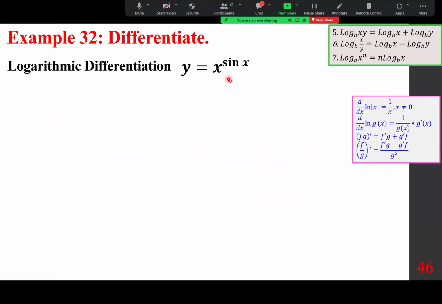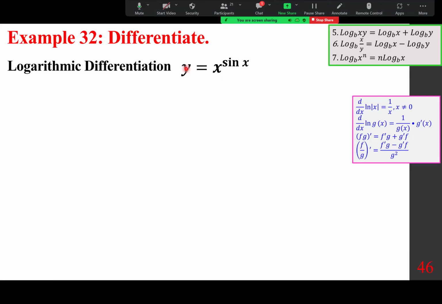We're going to do the same thing. If by any chance you have a format where the base and the exponent are both functions, you also have to use logarithmic differentiation. In this case, even if they don't tell you, there is a different method also, but let's go with logarithmic differentiation. Number one, take the natural log of both sides.